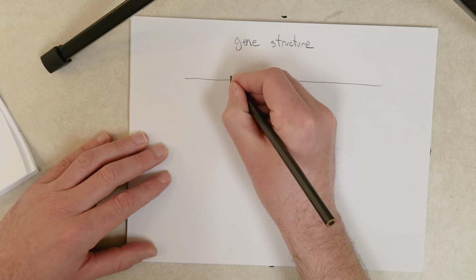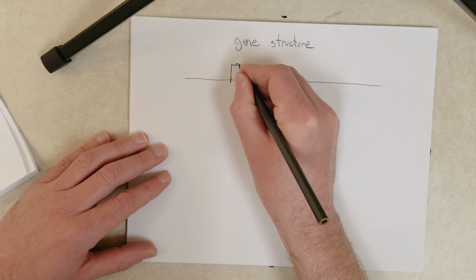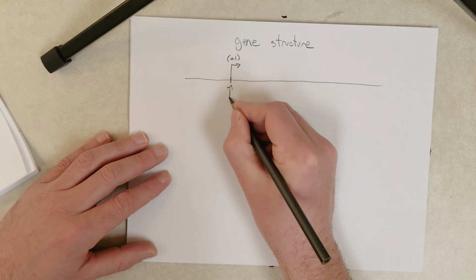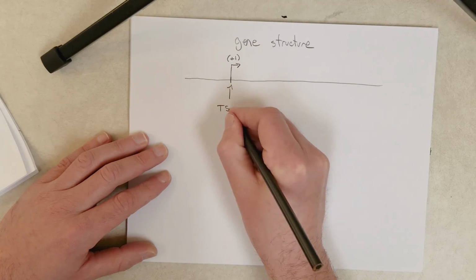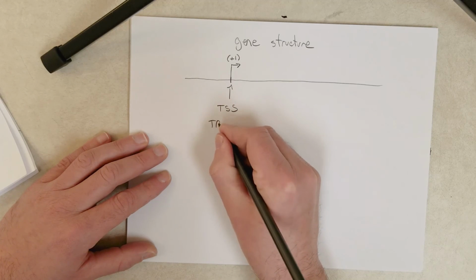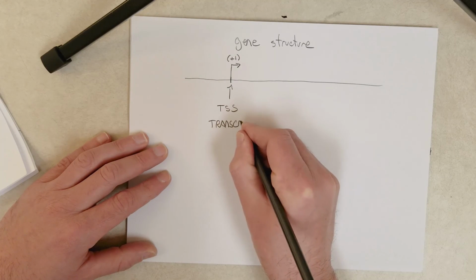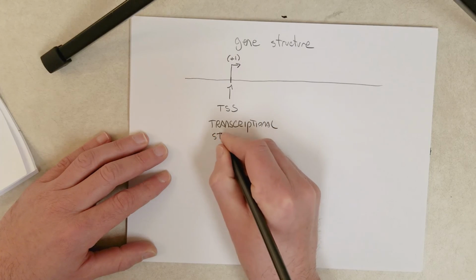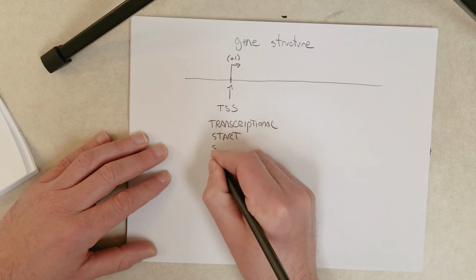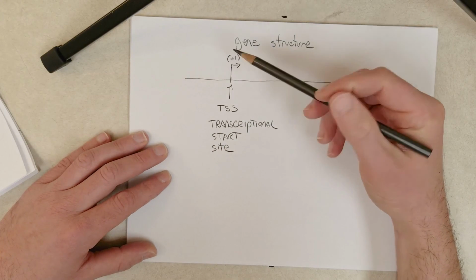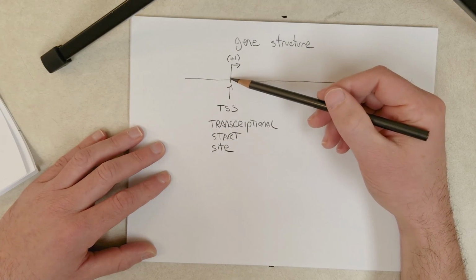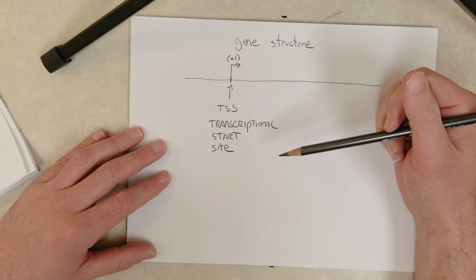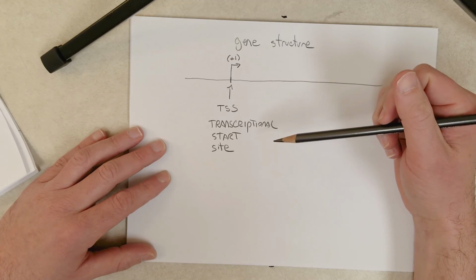A gene should have a +1 site. The +1 site we can also call a TSS, which means transcriptional start site. That is where RNA polymerase will start transcribing DNA, making an RNA molecule.